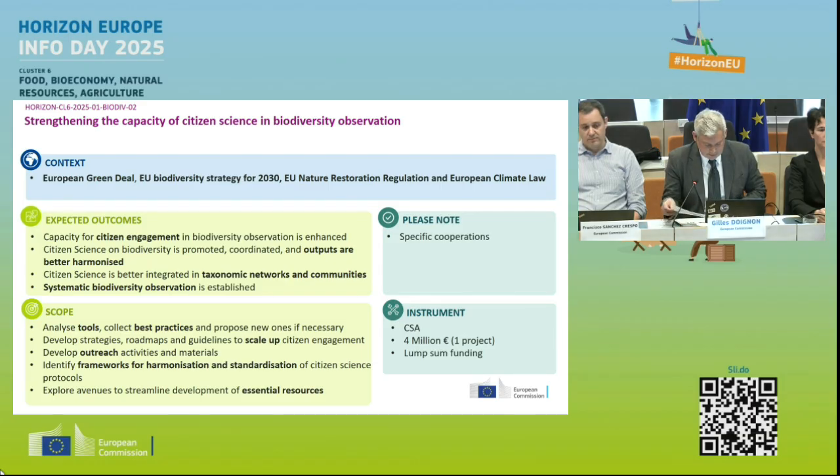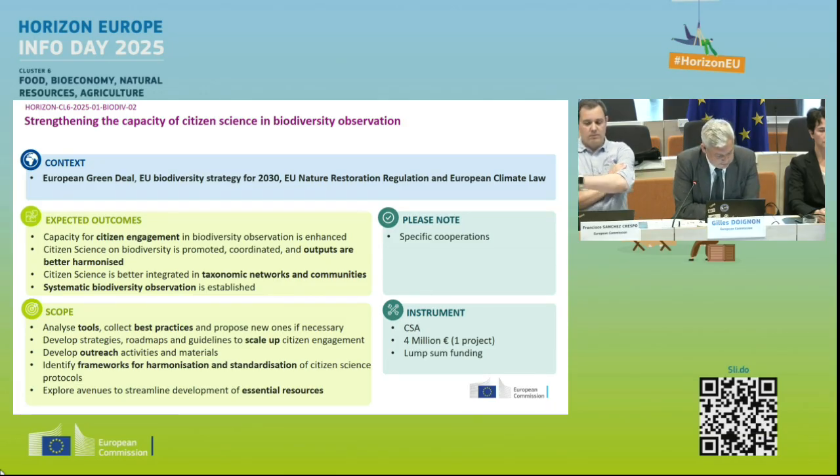Please take note that we really try to start an overview of the existing EU-funded projects using citizen science, but also there should be cooperation with key scientific organizations and networks, such as the EC Knowledge Center for Biodiversity and its Science Service for Biodiversity, as data from citizen science will also help to monitor invasive alien species, the EASIN network from the European Commission, GRC, and also the EU Biodiversity Observation Coordination Center.